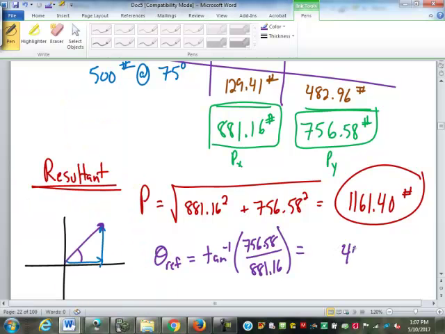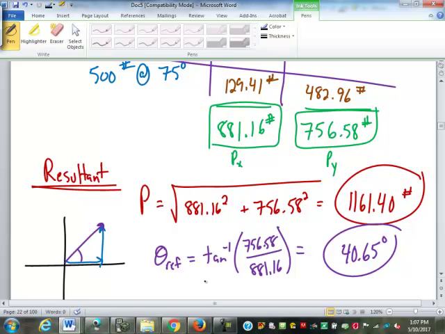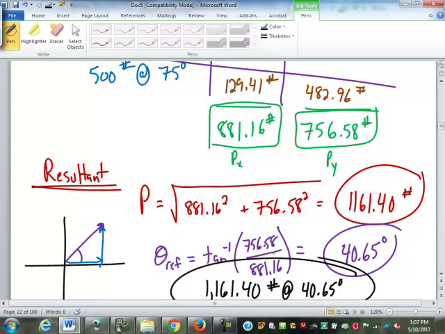That's 40.65 degrees. So when I add those two vectors, I get 1,161.40 pounds at 40.65 degrees. What do you think?